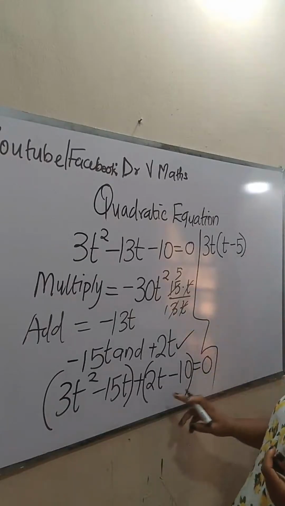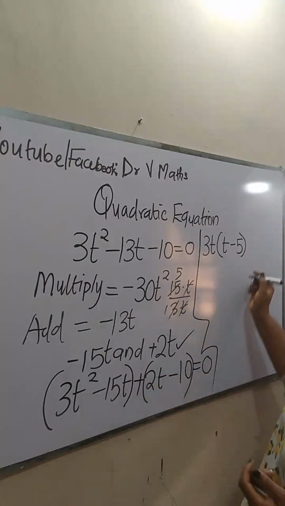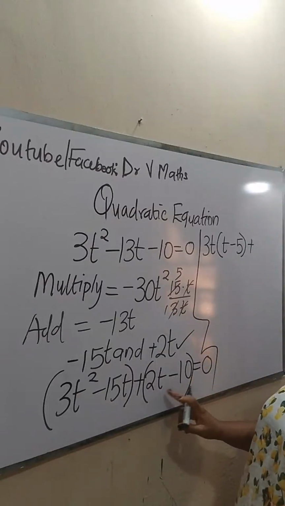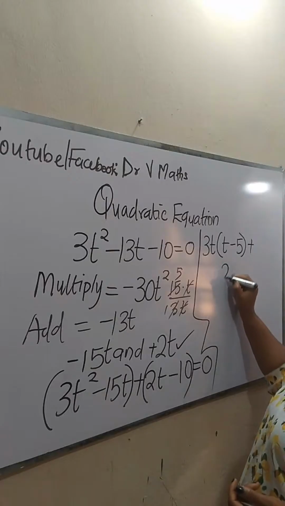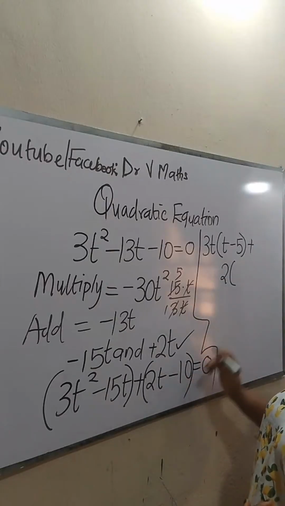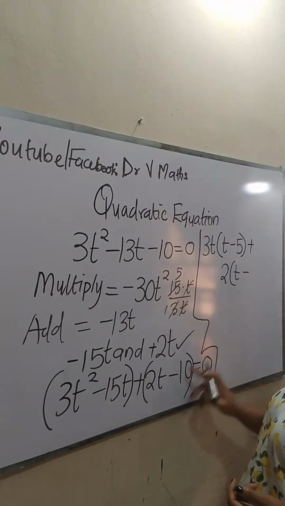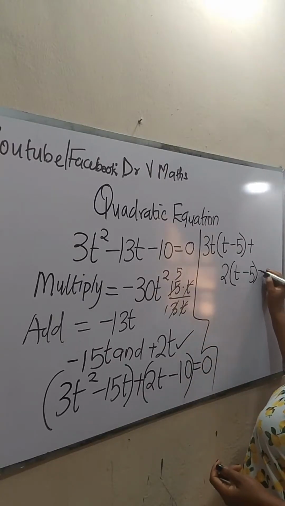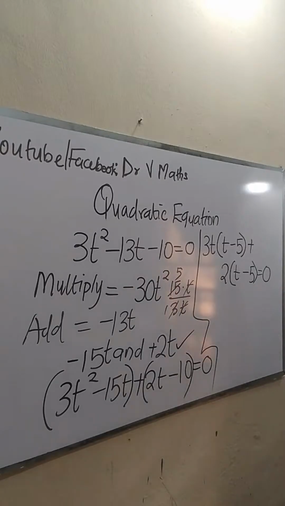We now put our plus sign. 2t minus 10. 2 can divide both, so factor 2 out. 2t divided by 2 will give us t, and minus 10 divided by 2 will give us minus 5. And remember, it's equal to 0.